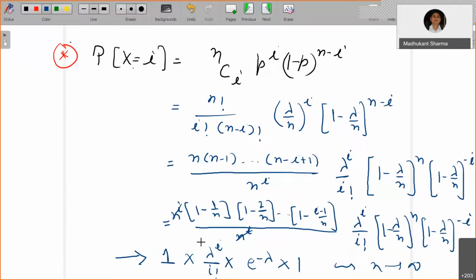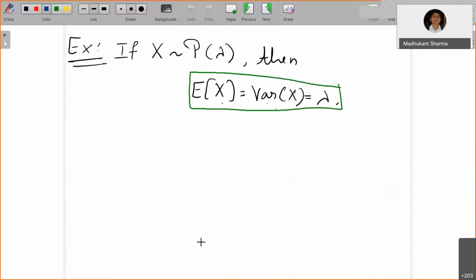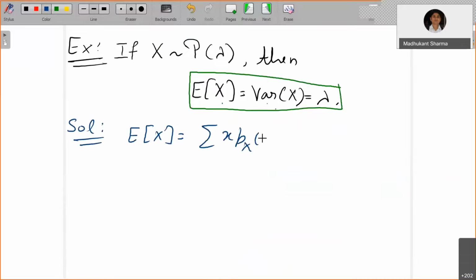Okay, right. Now let me finish that exercise. That's very simple to say. So let's see the solution. What is the expectation of x? That's going to be the summation of x times p_X of x, x equals 0 to infinity.